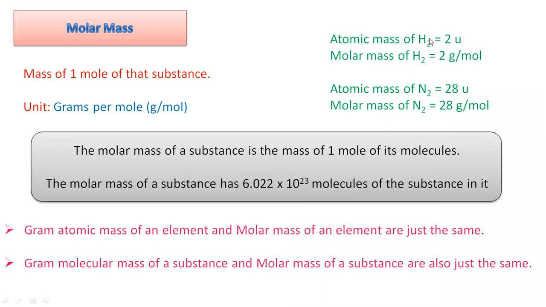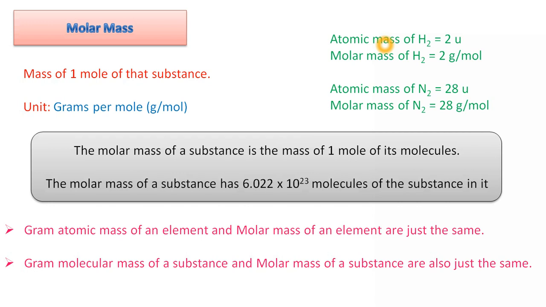But if an element does not exist as a molecule, for instance carbon and sodium, which only exist in the form of element, then it can have only gram atomic mass. It cannot have gram molecular mass, okay?